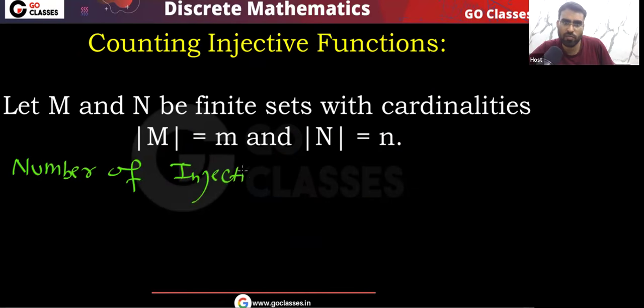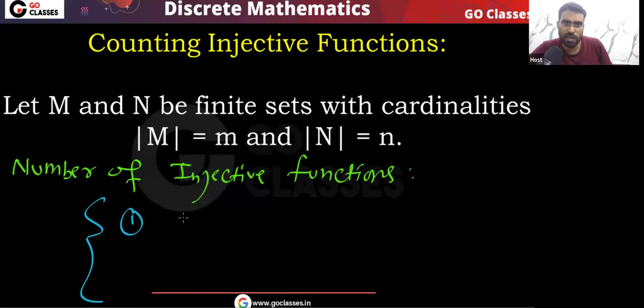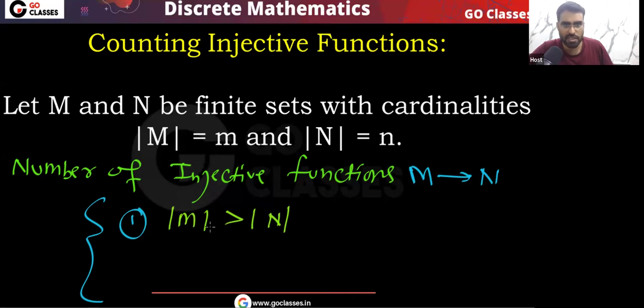First case: when I want injective functions from set m to set n, if the cardinality of m is greater than the cardinality of n, what will be the answer?